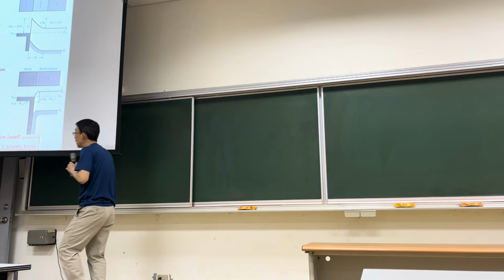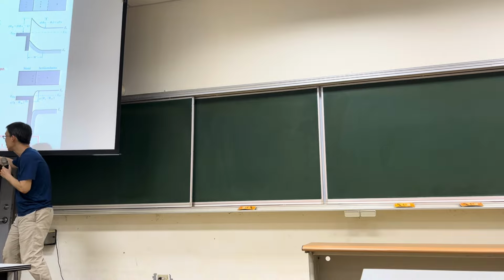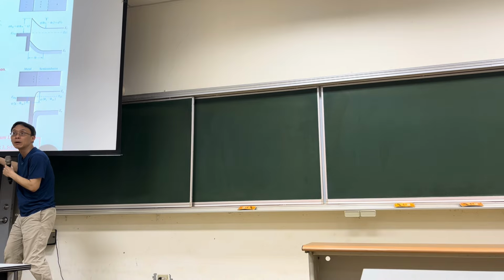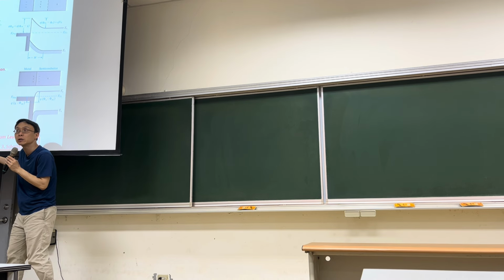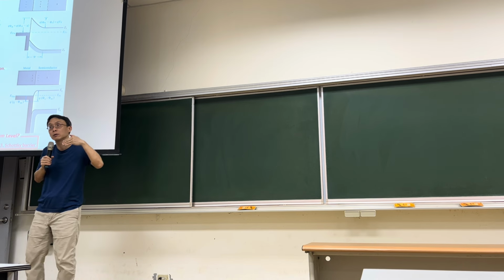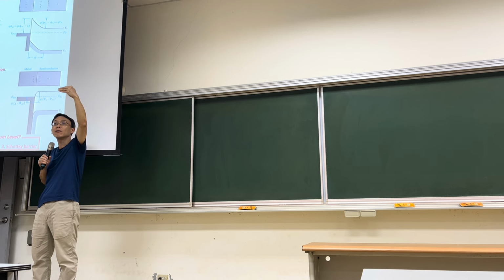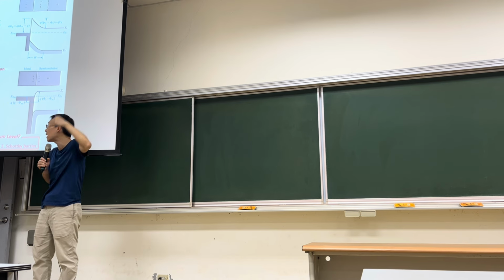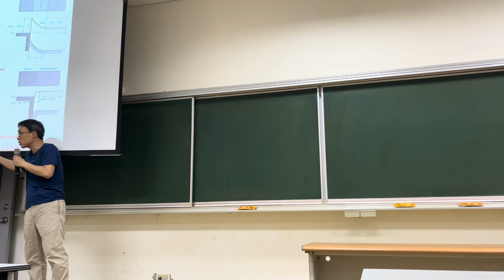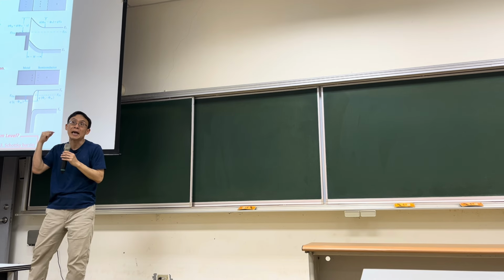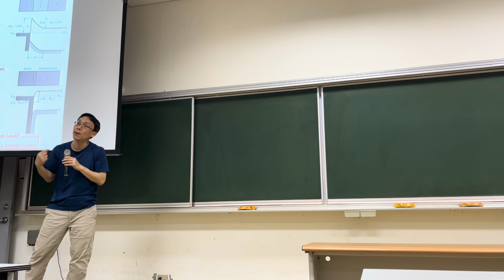Second one, you need to know what is the electron affinity. Make sure you understand the definition of the electron affinity, which is the energy difference between the conduction band and the vacuum level, right? Because you need this value, electron affinity, to calculate Schottky barrier.